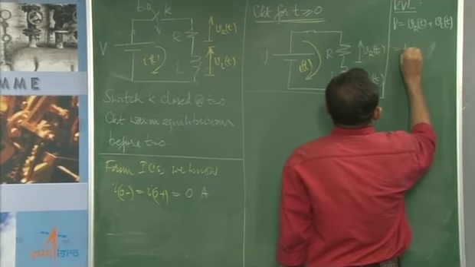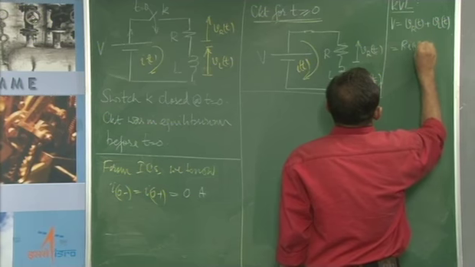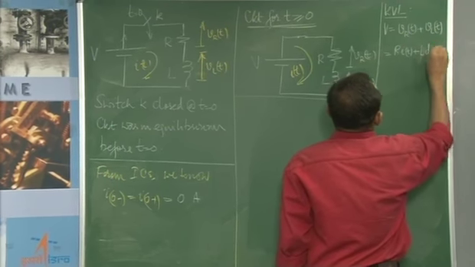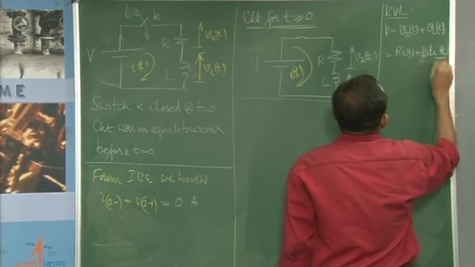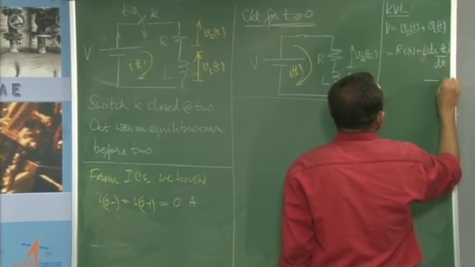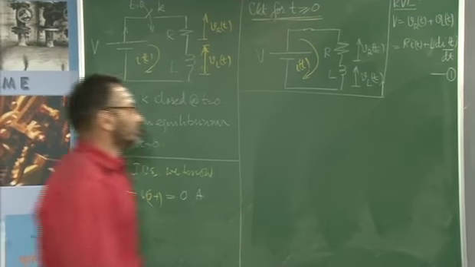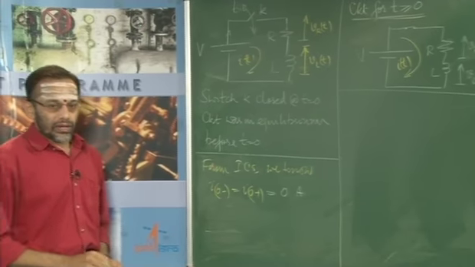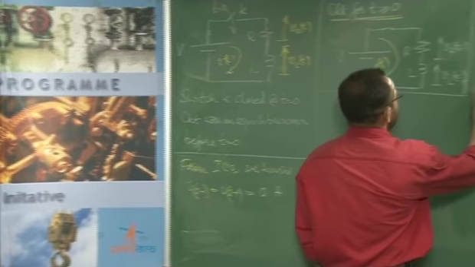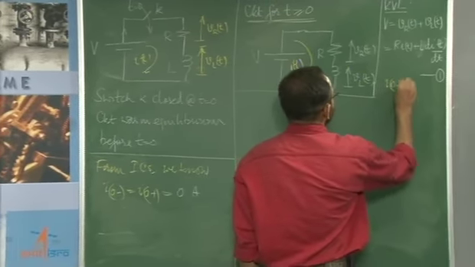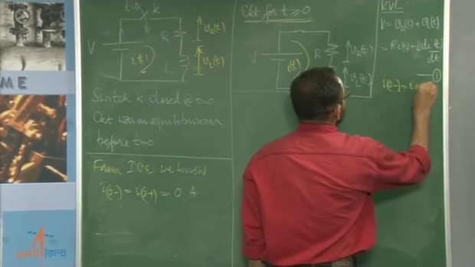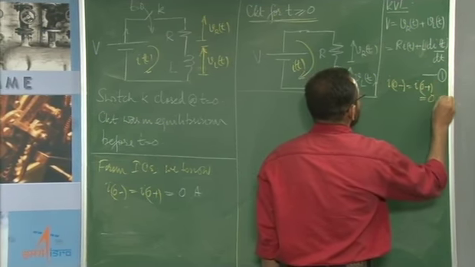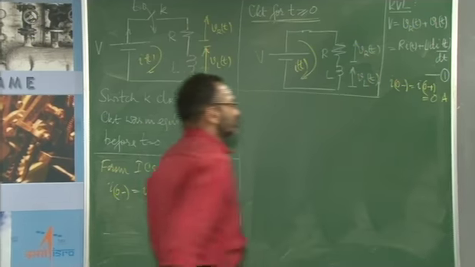That is the same as R I of t plus L di/dt. All right. Let me call this equation 1 for the present. Now, this must be taken with I(0-) equal to I(0+) equal to 0 ampere.